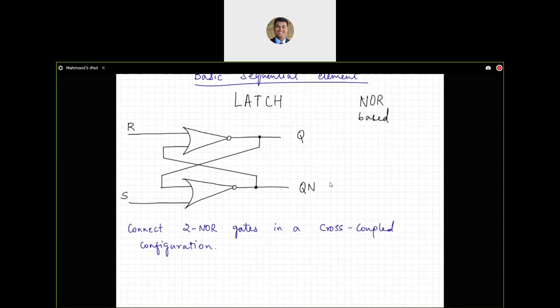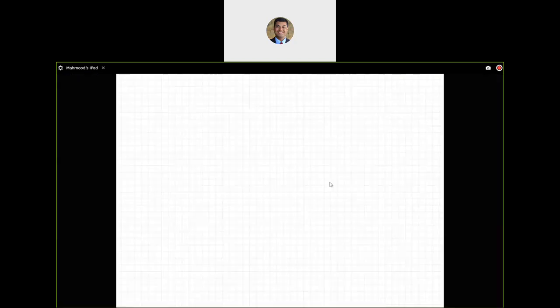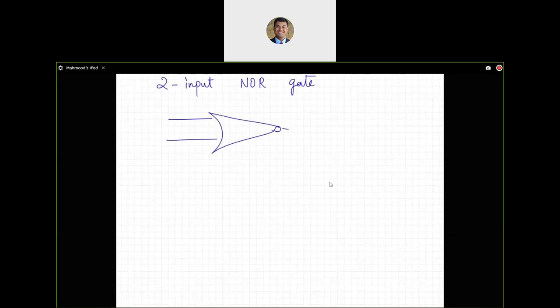So if I look at a two input NOR gate, say my inputs are A and B and say the output is X. If I were to write the truth table, I've got A, B as my inputs and X is my output, and four possible combinations over here.